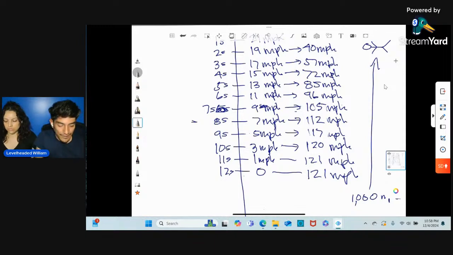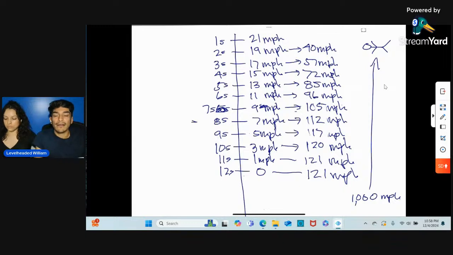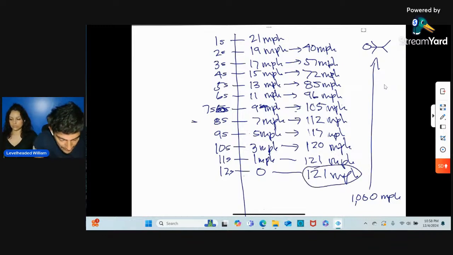But as you can see, taking the deceleration rate of 9.8 meters per second squared, which is 21 miles per hour, and then decreasing the deceleration rate every second after that, we can reach terminal velocity. Again, the air pushing up, stopping its deceleration, because 120 mile an hour winds is what will be required to be able to stop the deceleration rate of a free-falling skydiver.